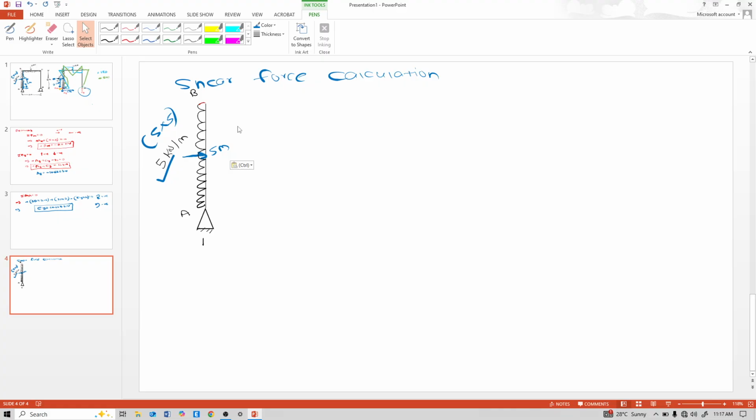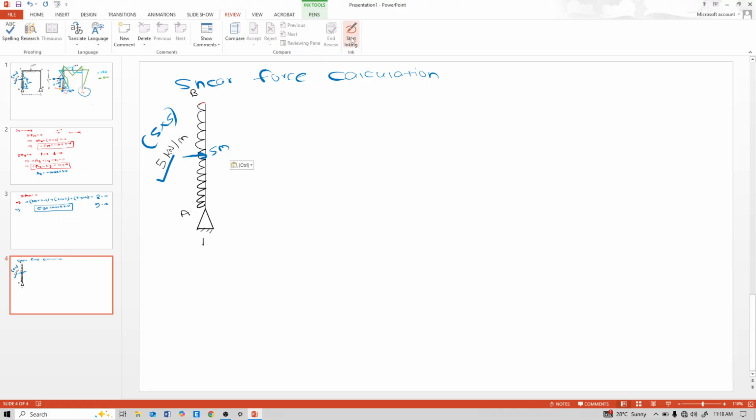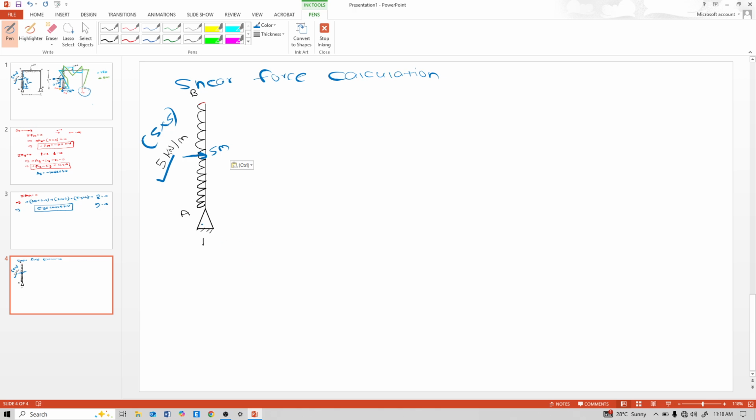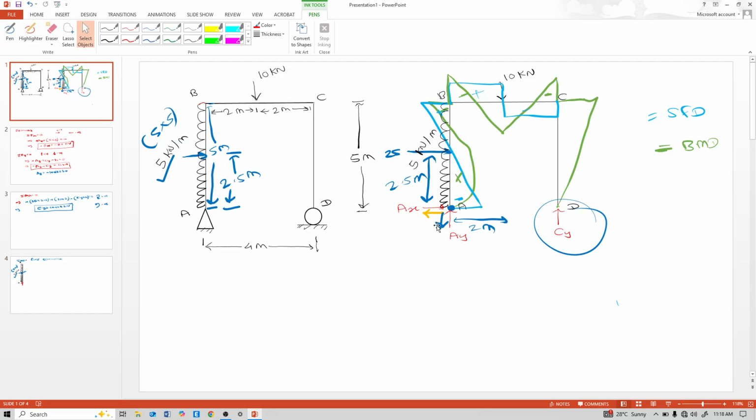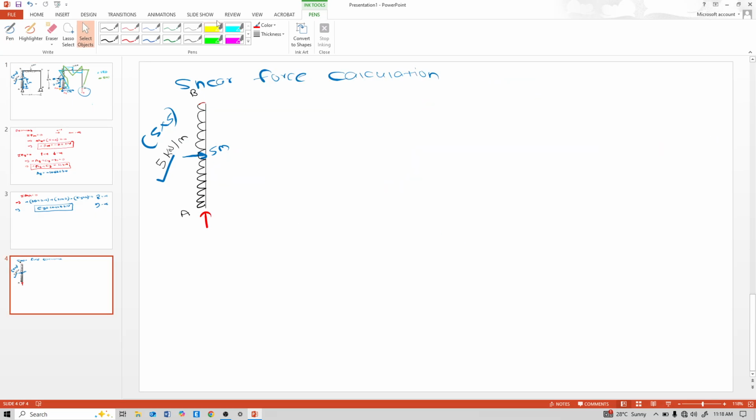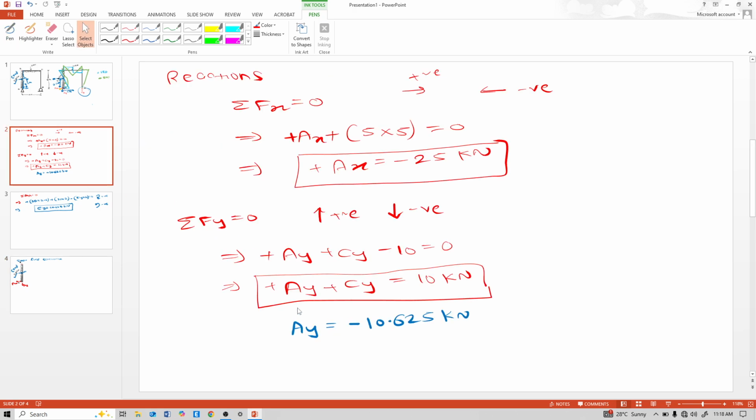Now see this AB element and draw the free body diagram of this AB element. First see here at A, two reactions come. Sorry, here see the corrected downward AY and this AX. This is AX. The value is 10.625.